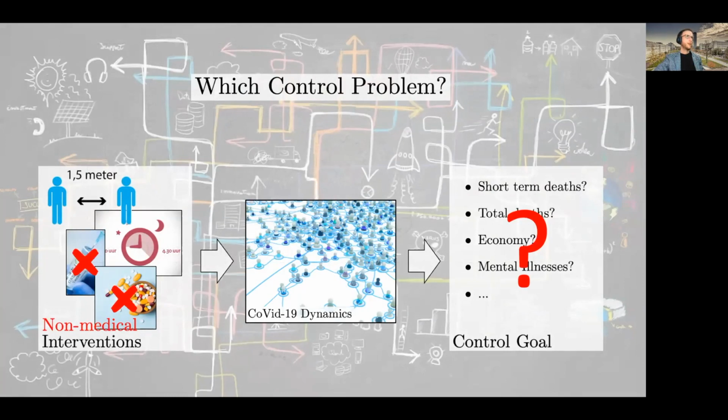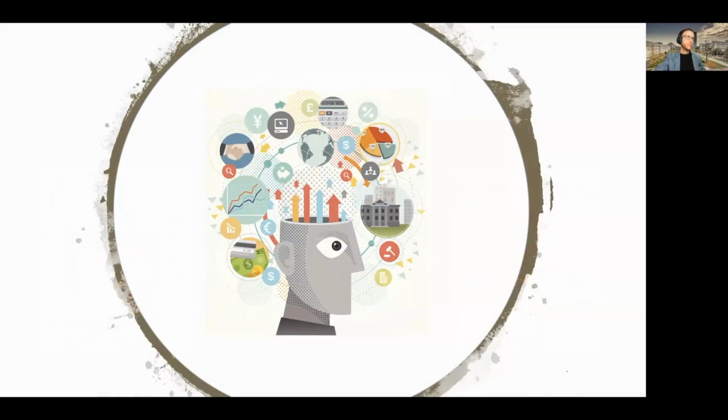Now, in order to really close the loop, we have to clarify which is our control goal. And here, when it comes to dealing with a pandemic, it's practically infeasible to directly attack the problem through a specific goal, in a model-based optimal control fashion.